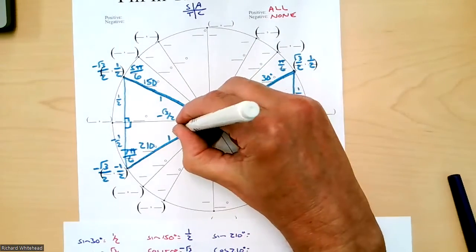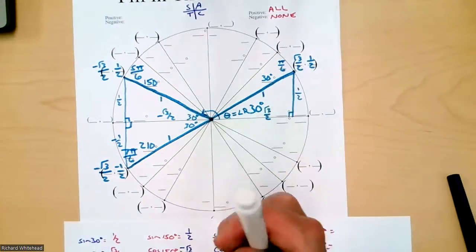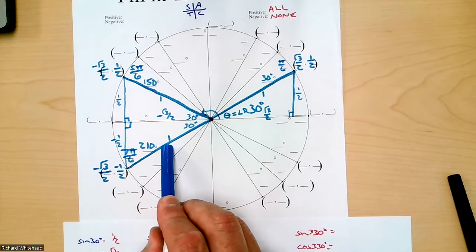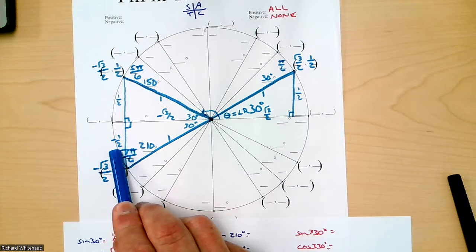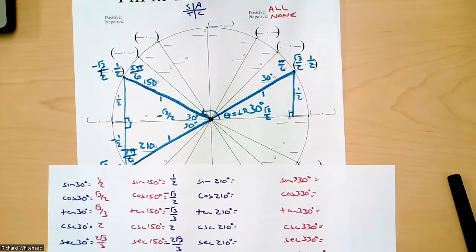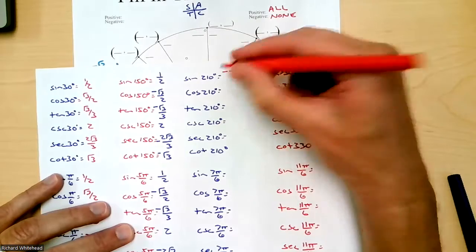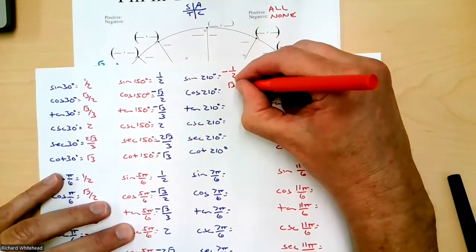It's still a 30-degree reference right there. So here's your Y value. Here's your hypotenuse, which is always going to be 1 on the unit circle. So the Y value, sine, is negative 1/2. Wait a second. It's just 1/2 again, except it's negative because of the quadrant.